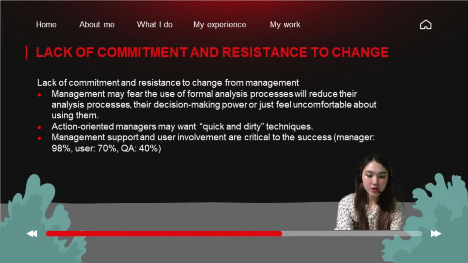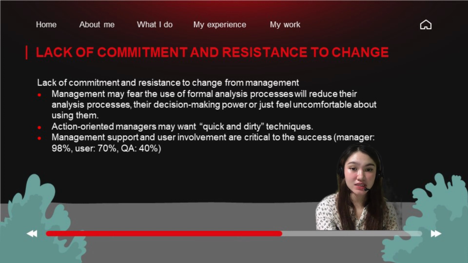Management may fear the use of formal analysis processes will reduce their decision-making power, or just feel uncomfortable about using them. Even though many business decisions can be made intuitively based on hunches and experience, quantitative models are becoming more and more useful in a variety of situations.